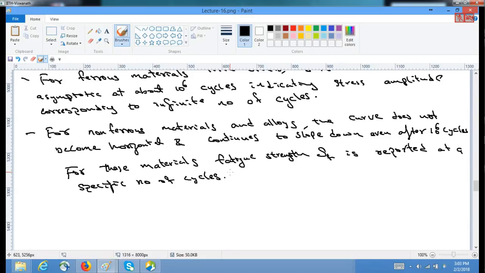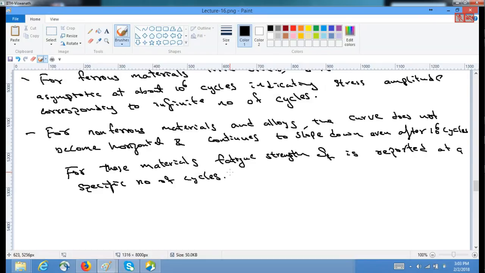Once you have surface roughness, dynamic loading, size, surface preparation, type of loading, and notch stress concentrations, all these things would further lower the endurance limit.